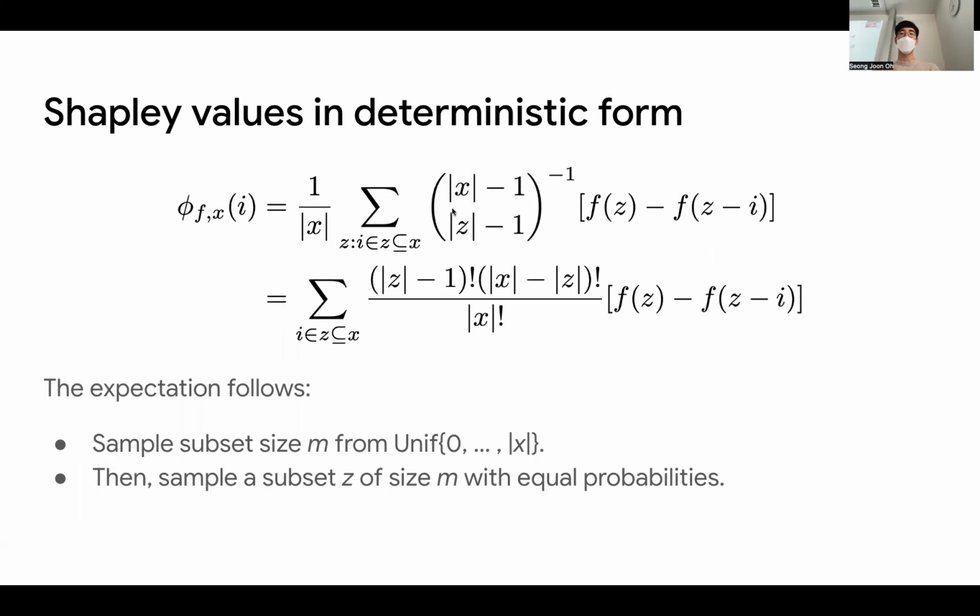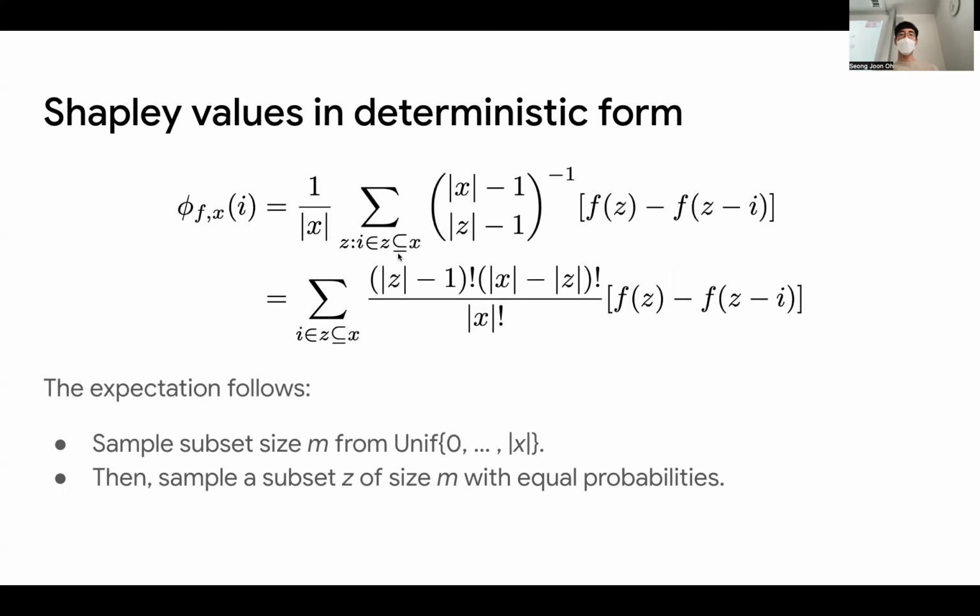I'm not sure if you're familiar with this notation, but this is not a matrix. This is a single number. That's telling you all possible cases of choosing this Z size minus 1 out of X size minus 1 possibilities. Okay, so if you write things down in factorials, then you get something like this eventually, where this 1/x term is taken inside the summation. Okay, so intuitively, why this number?